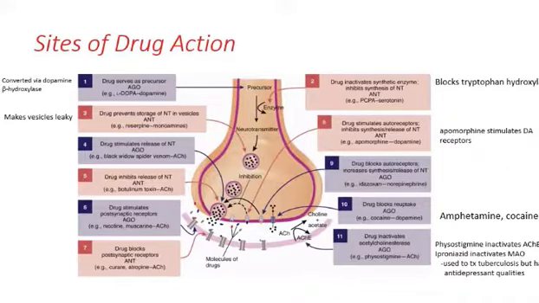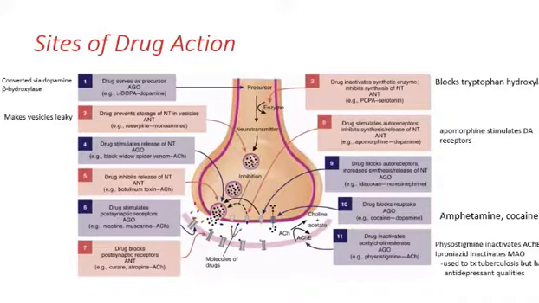So they would be less available because they need to be packaged into the synaptic vesicle to carry out their action. The drug can stimulate the release of neurotransmitter. In that case, it would act as an agonist. Black widow spider venom stimulates the release of acetylcholine, so that would be an acetylcholinergic agonist.